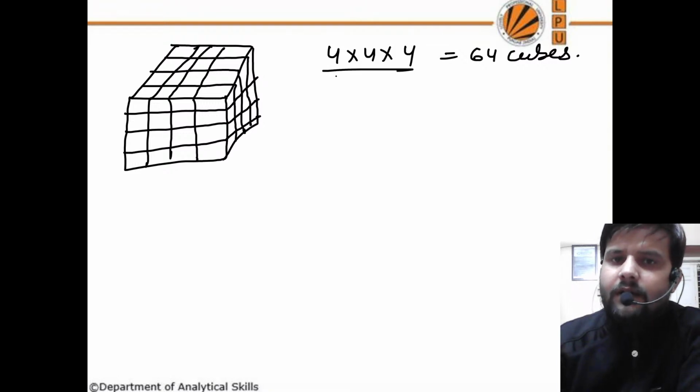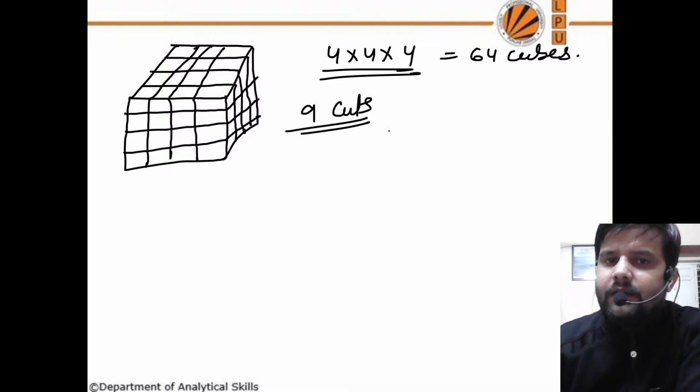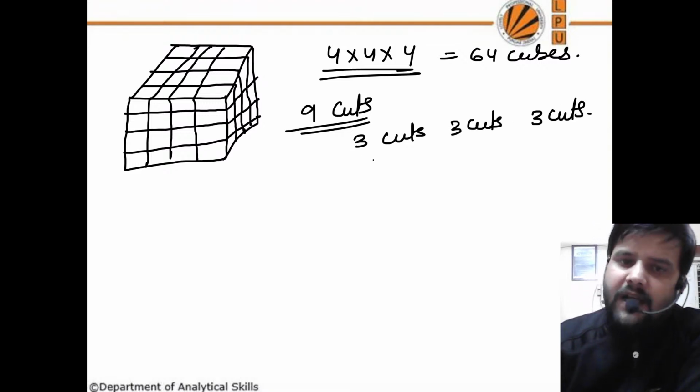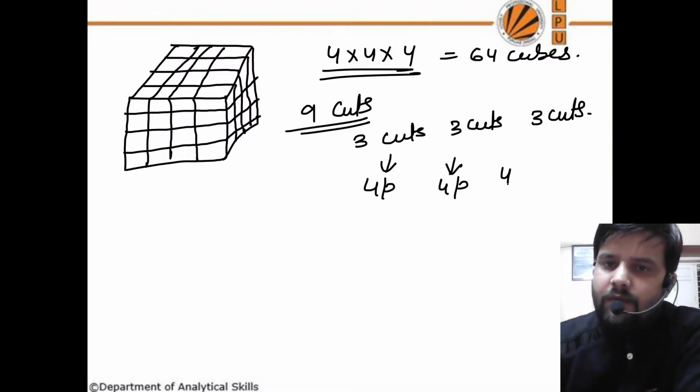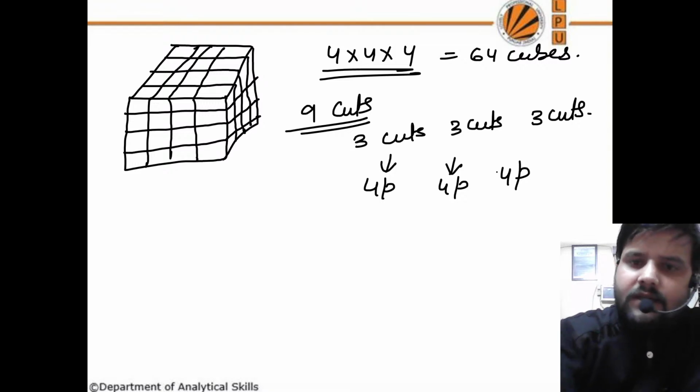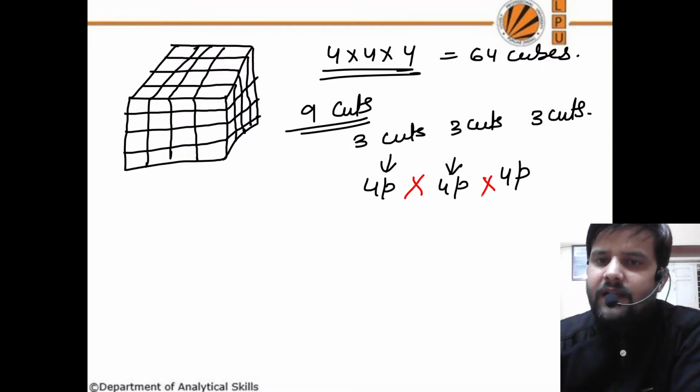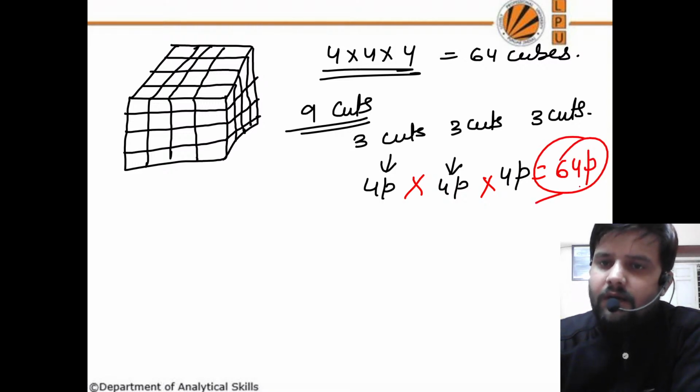How did we get that? They will give you 9 cuts. We apply them to get the maximum number of cubes. So I'll distribute the cuts in all 3 dimensions: 3 cuts, 3 cuts, 3 cuts. If you apply 3 cuts, you get 4 pieces. 4 pieces and 4 pieces. Since the cuts are in different dimensions, they will multiply, so they will give you 64 pieces overall.